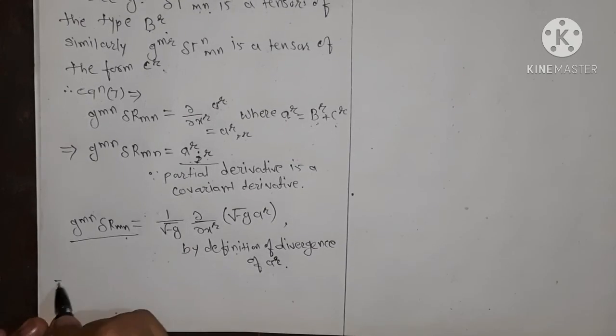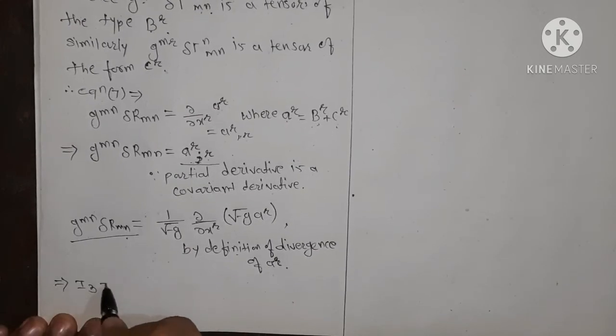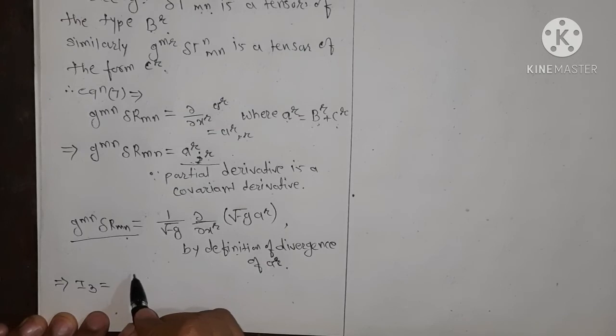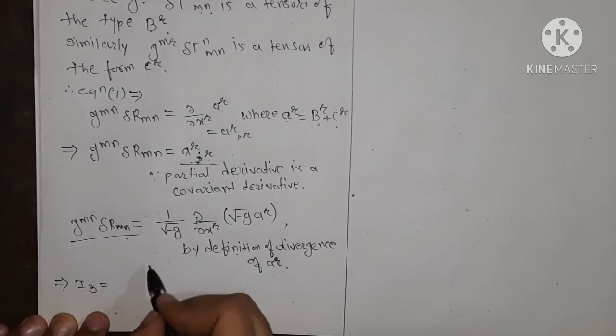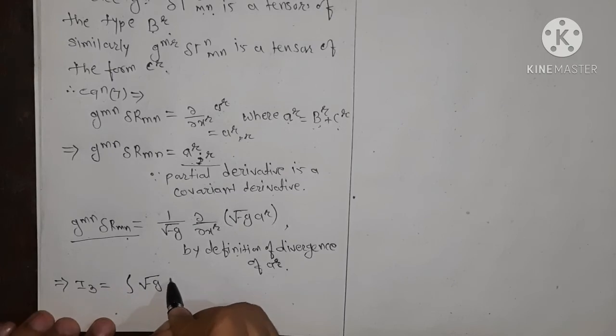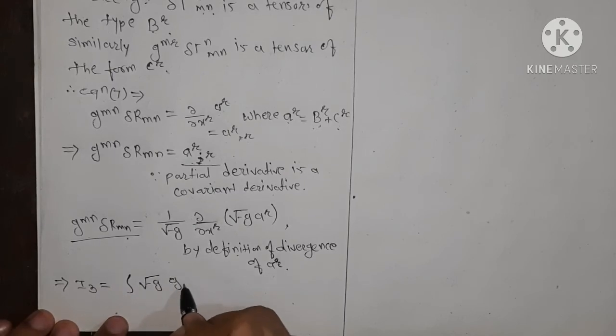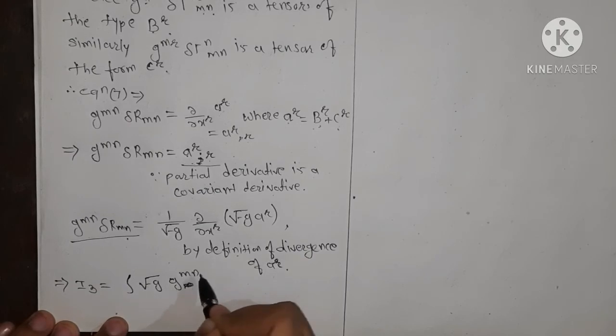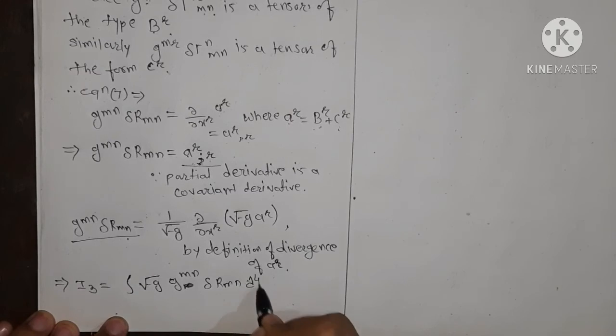So I3 is equal to the integral of under root of minus g, g upper mn, δ of R_{mn} d^4x.